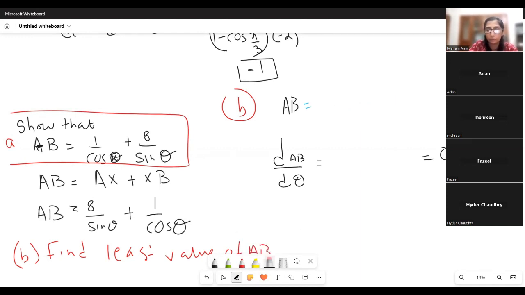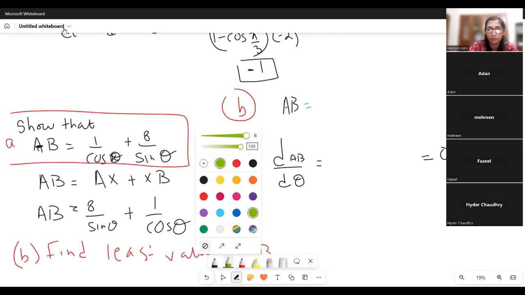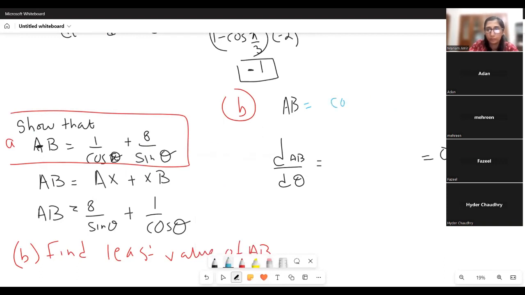Instead of that, I'm going to write it like this. Cos theta comes up, becomes cos theta whole power minus 1, and then plus 8 sine theta whole power minus 1. Okay, now let's differentiate this. Minus 1 comes down. Power of cos is now minus 2.